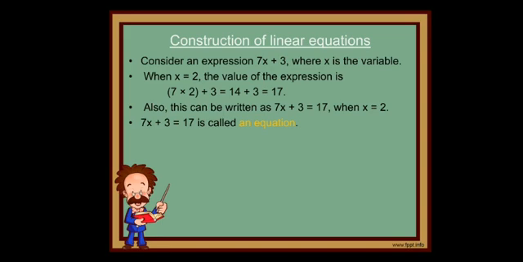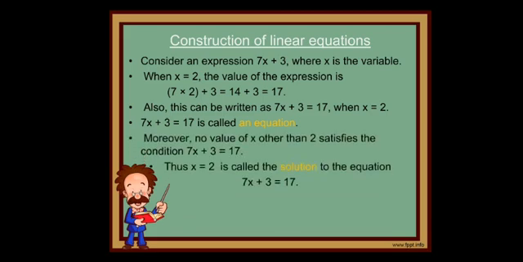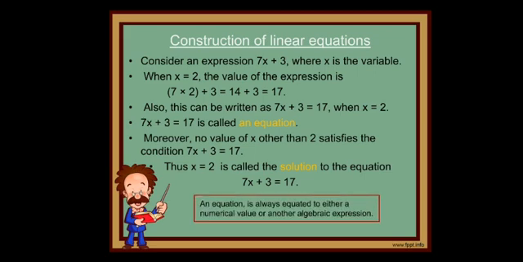So only x is equal to 2 will satisfy this equation. x is equal to 2 is called the solution to the equation 7x plus 3 is equal to 17. An equation is always an algebraic expression equated to either a numerical value or another algebraic expression.